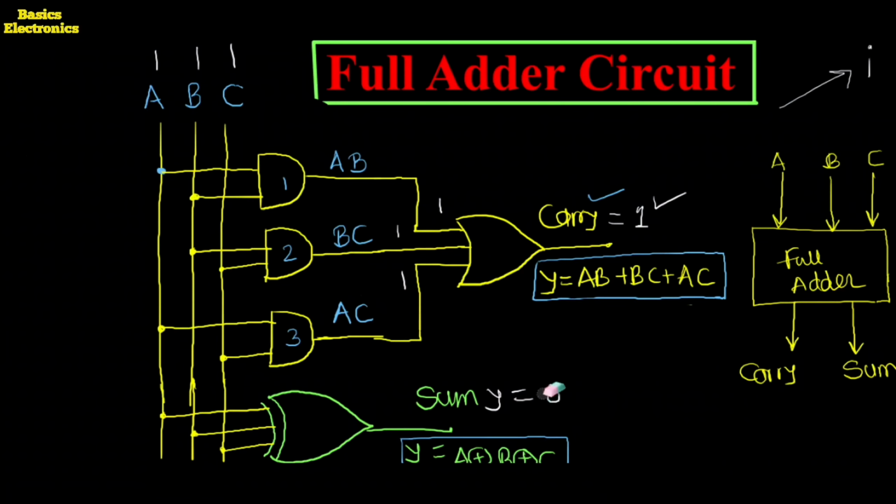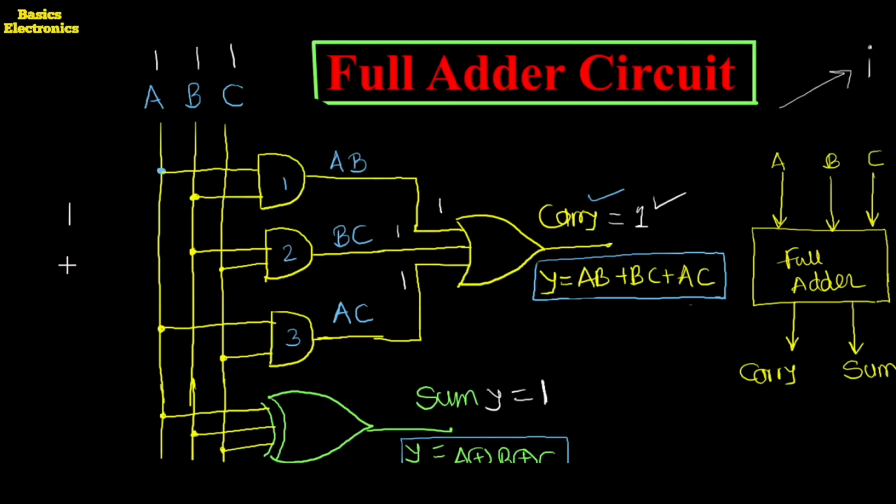The XOR gate produces a logically high output because all its inputs are logically high, that is three inputs, which means an odd number of logically high inputs. Therefore its output is 1.